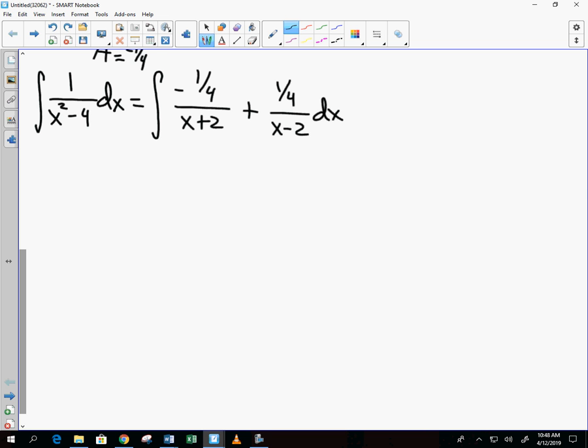Well, no big deal for us. We just start with this one. u is equal to x plus 2. So what is du? Just dx, right? Well, we don't have a dx, we have a negative 1/4. So negative 1/4 du is equal to negative 1/4 dx.